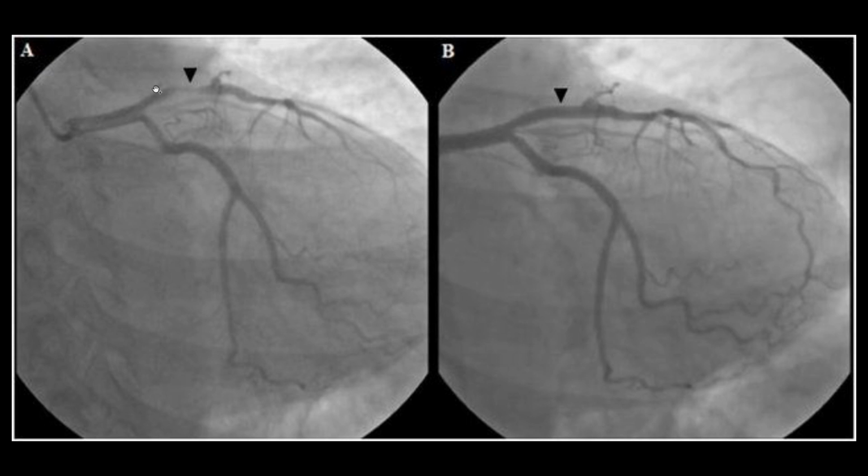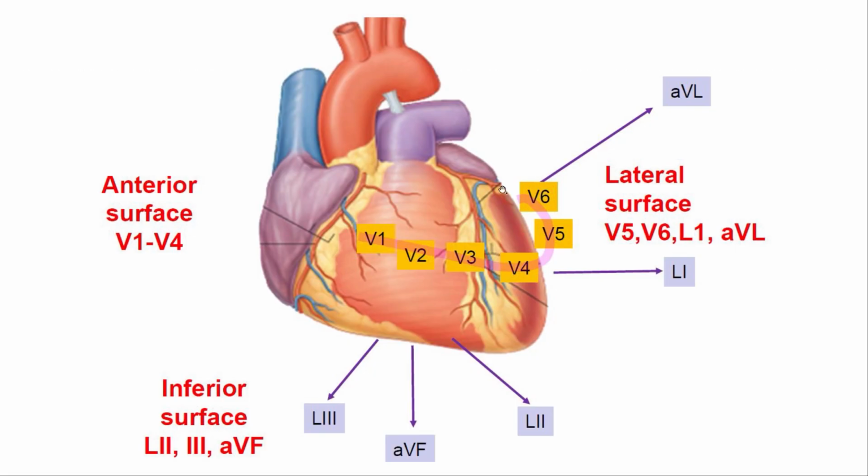And here's a coronary angiogram showing that there's a stenosis here of the LAD, and then they've done a stent and it's now reperfused. So I just kind of thought that's interesting to tie together, the idea that anatomically there is an LAD which supplies the wall of the heart, and then electrically we have ECG leads to look at that part of the heart.